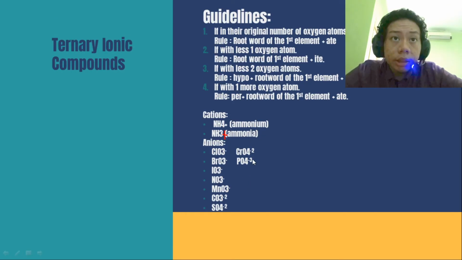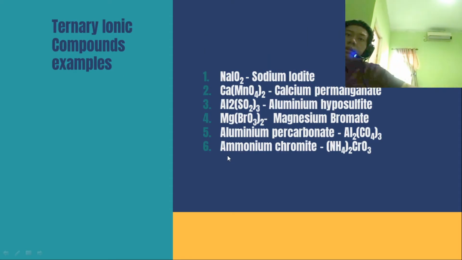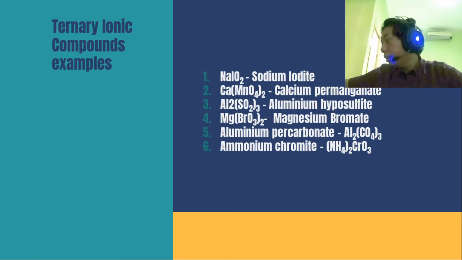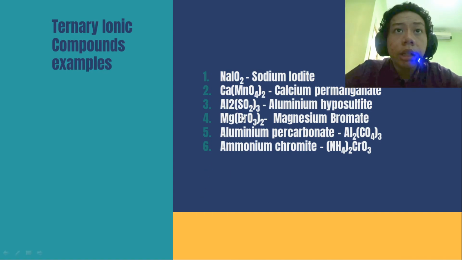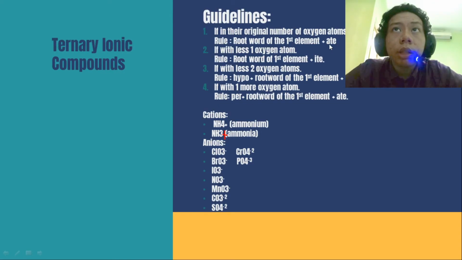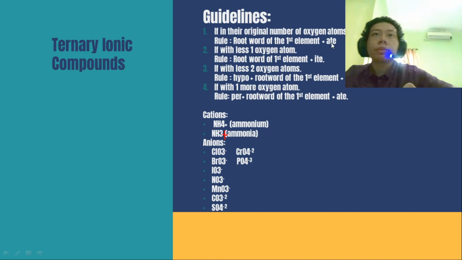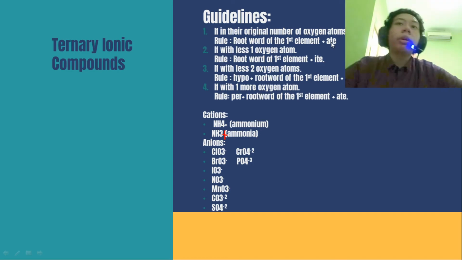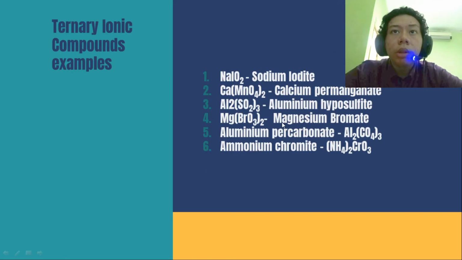It's the same as the original one. So for magnesium, we use the guideline here, root word of the first element plus ATE. So bromine, we replace INE by ATE, so magnesium bromate.